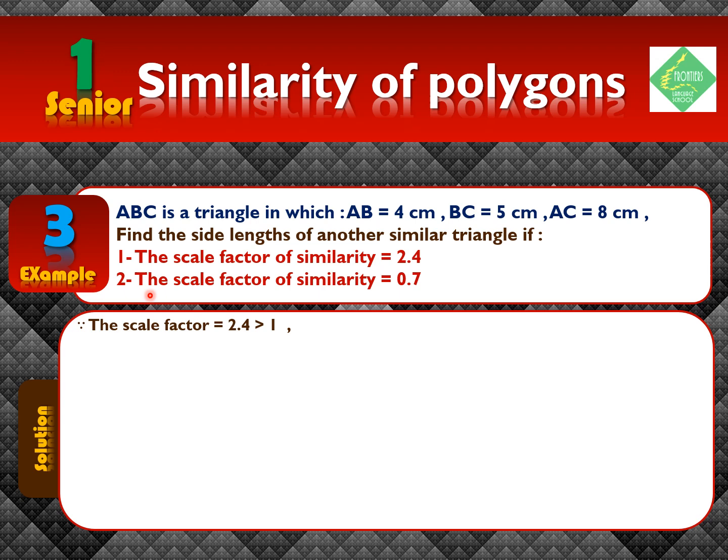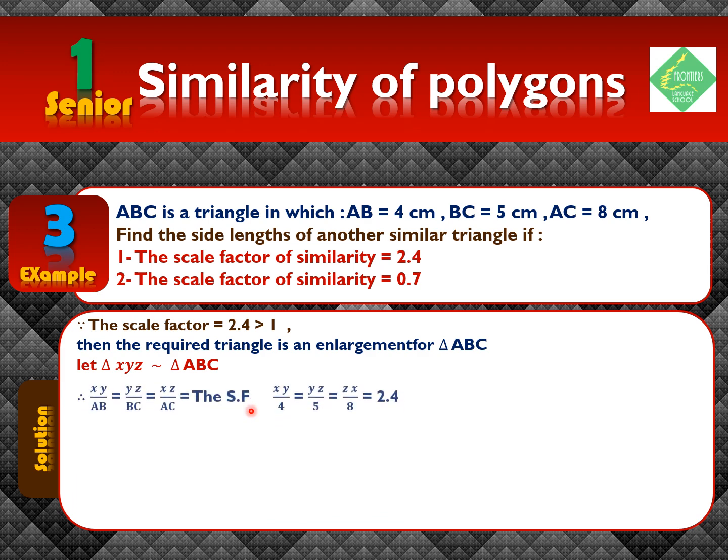Since the scale factor is 2.4, that means yes, enlargement, because the scale factor is bigger than 1. Let triangle XYZ be similar to triangle ABC, you can name it whatever you want.